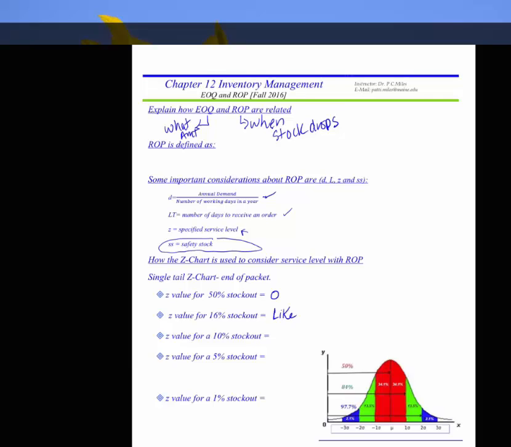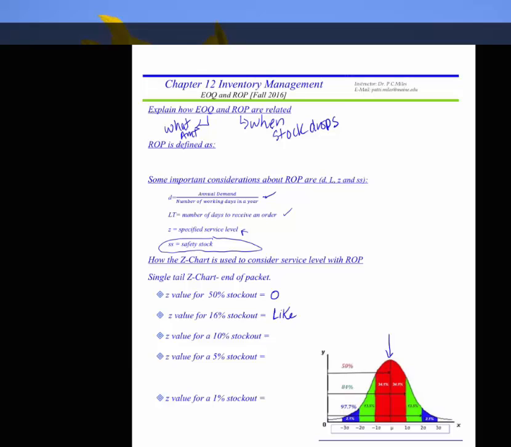In this chapter, we have to use a one-tailed Z-test, which is different than what we did in chapter 6, where we needed a two-tailed Z-test. Here, if we were okay with a 50% stock out, our Z value would be equal to 0, because we'd be right in the center of our normal distribution. You would not likely see that.